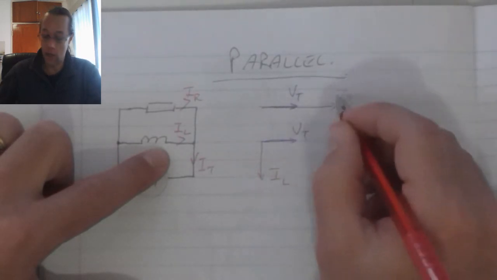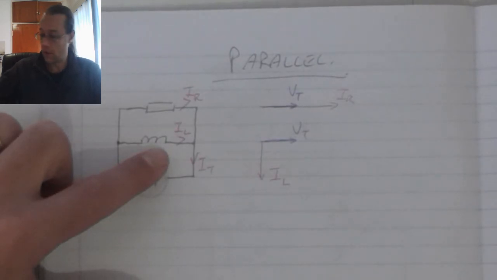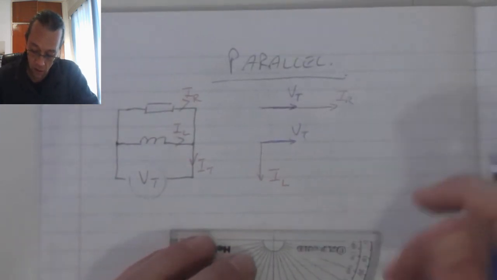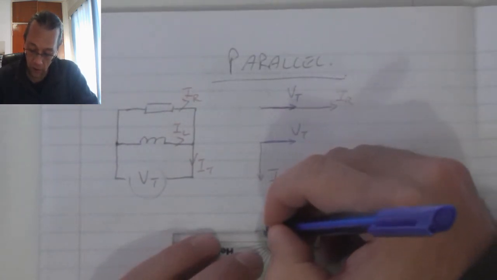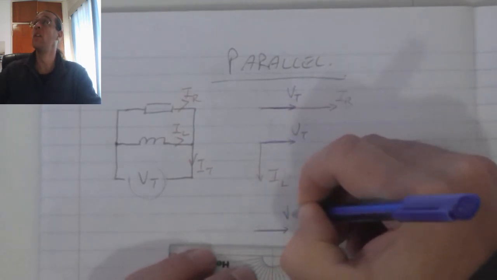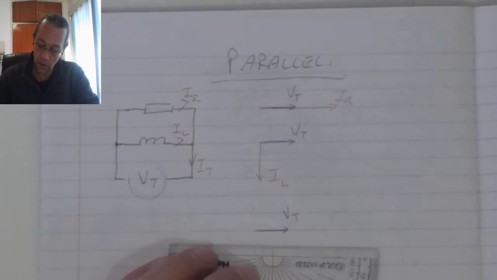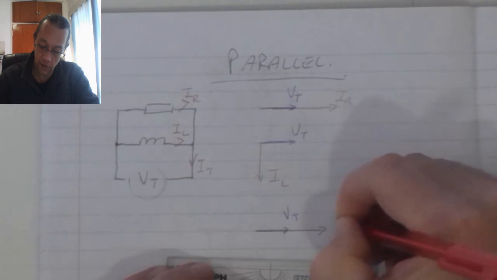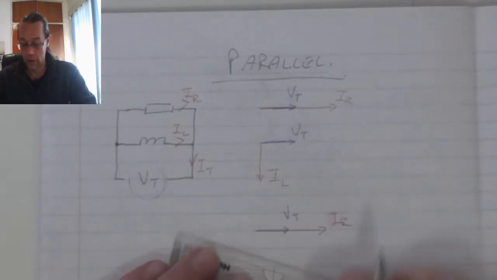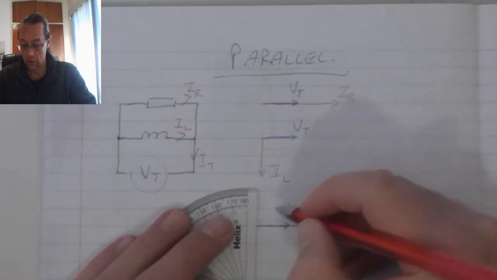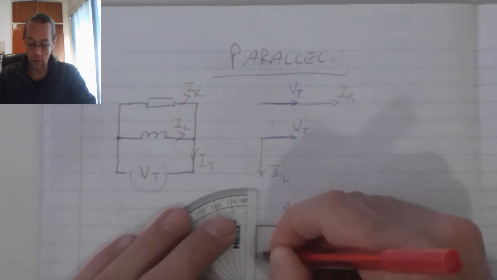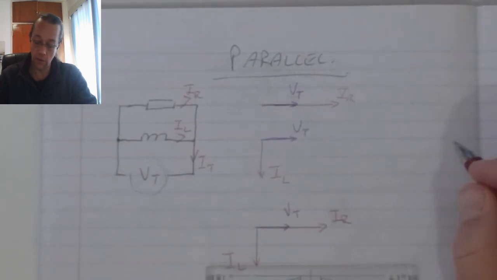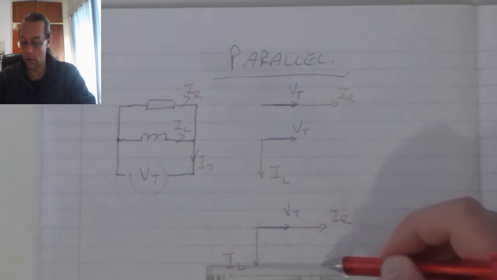So when we take these two phasor diagrams and we combine them, we see that V total lies like that, and then VR is on the horizontal, IR is on the horizontal, and IL is on the vertical, but this time pointing downwards.